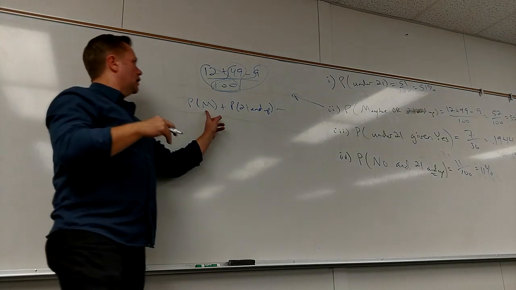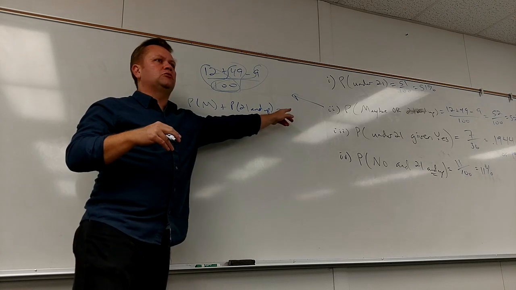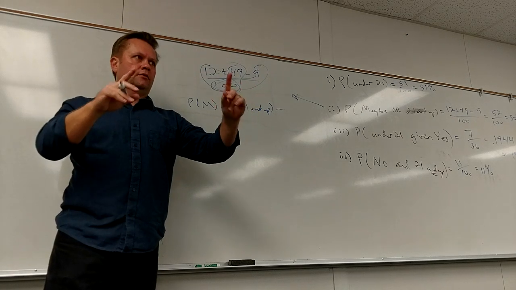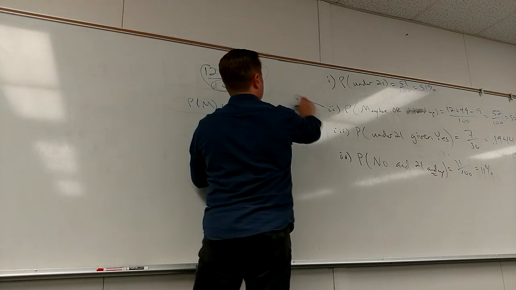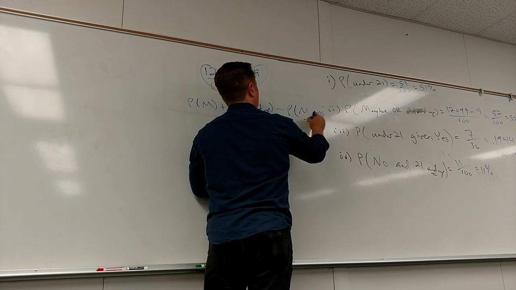If I add all the maybes to these guys, I've got to subtract anybody who were both, because that's the people that I counted twice. So this would be minus the probability of maybe and 21 up.